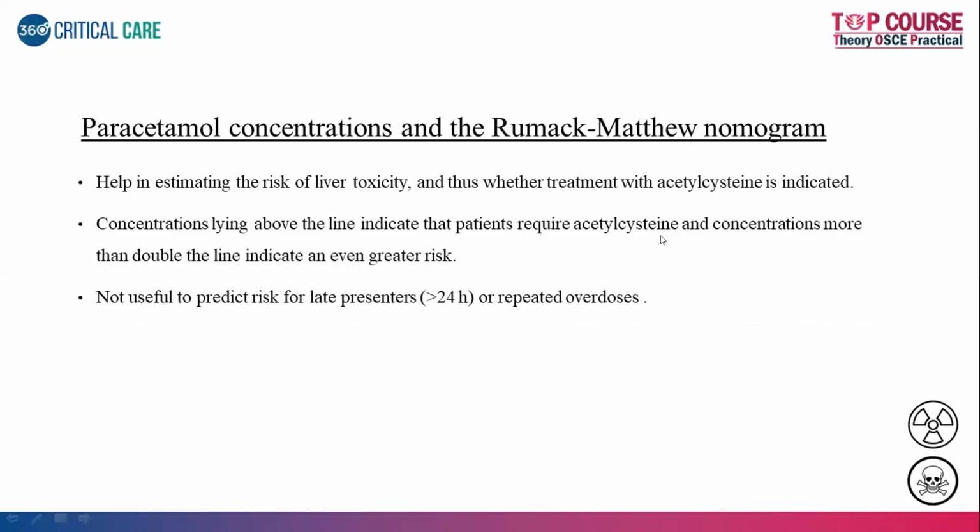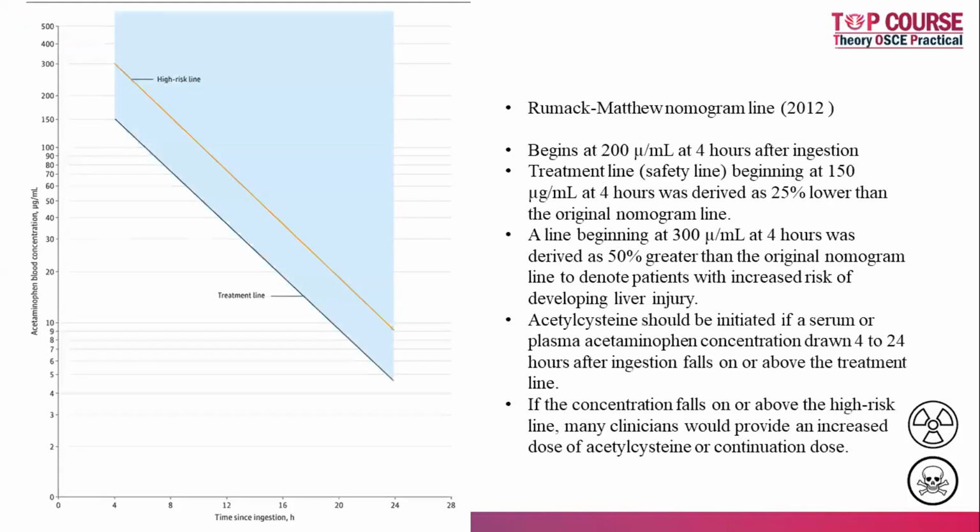They indicate that patients require acetylcysteine, and concentrations more than double the line indicate an even greater risk. I'll show you in the next slide. An important thing you should remember is that it is not useful to predict risk for either late presentations or staggered or repeated overdoses. So in such cases, the Rumack-Matthew nomogram cannot be used.